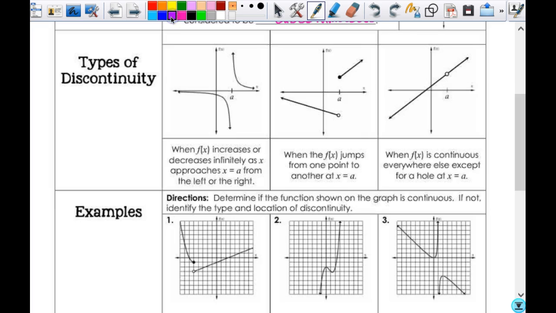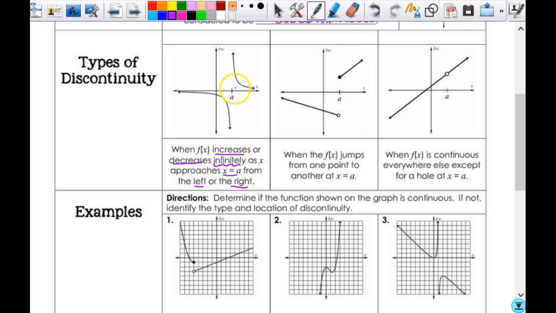So this first one says, when f of x increases or decreases infinitely as x approaches x equals a from the left or the right. So here is x equals a. As x approaches this from the left, it's going to decrease infinitely. As x approaches a from the right, now this is the first time we've gotten to go left on the x-axis, but we are looking at what happens when x goes this way as well.